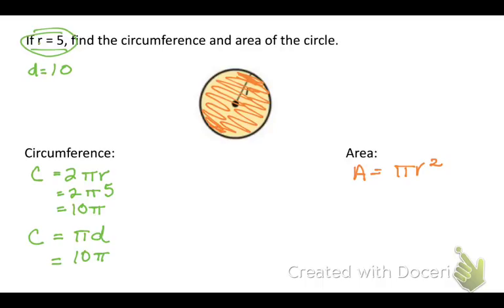And that's equal to pi r squared, which in our case is pi times 5 squared. And 5 times 5 is 25, so the area is equal to 25 pi. And remember, right now we're just treating pi as a number, but we'll talk more about what number we use for pi in just a couple minutes.